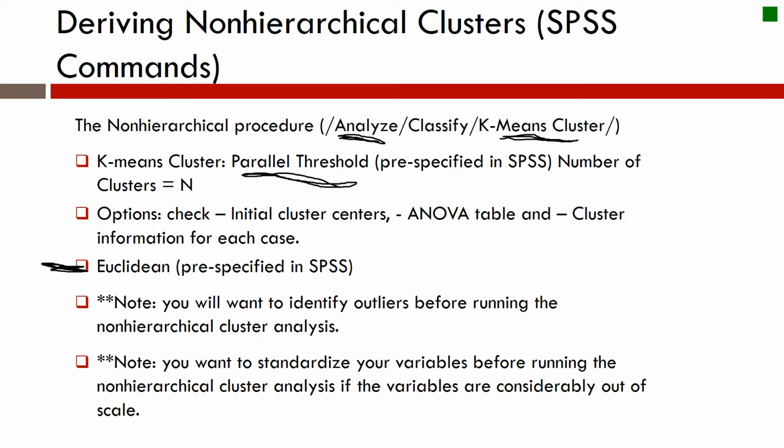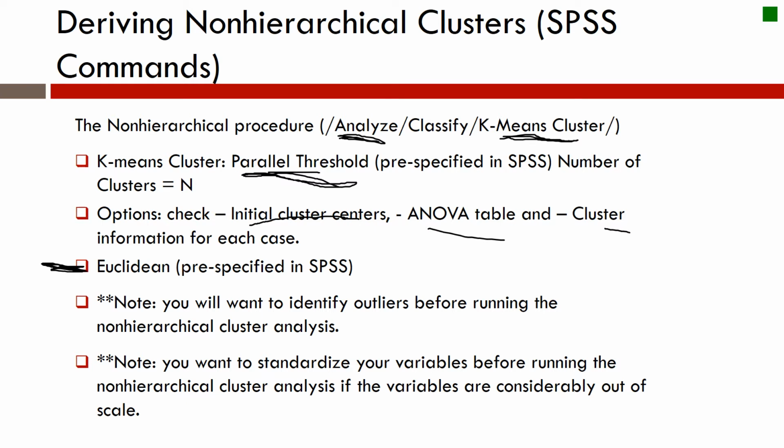It's Euclidean distance and then a parallel threshold. So other options to check would be things like the initial cluster center, and then also an ANOVA table, and then cluster information for each case.